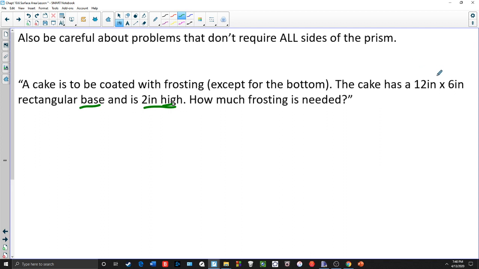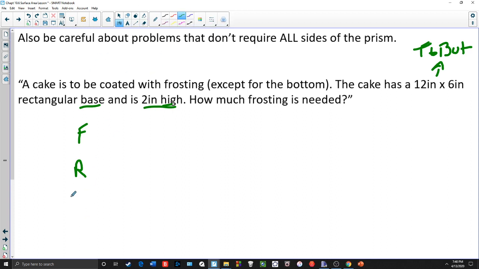So this 12 by 6 here, if it's the base, that means 12 by 6 is both the top and the bottom. So that means I'm going to not include one of these in here. So if I make a diagram here, we have front, we have right, and we have top.